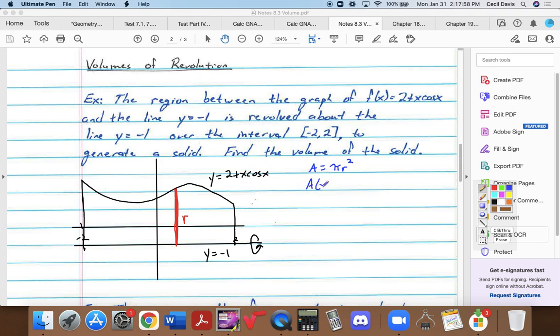The area in terms of x, well, the radius is going to be the upper curve minus the lower curve, so that'll be 2 plus x cosine x minus -1, squared, times pi. So I'll simplify that a little bit. That's going to be pi times 3 plus x cosine x quantity squared.